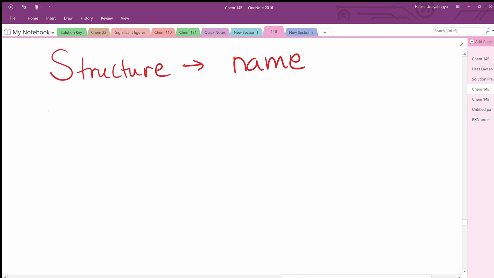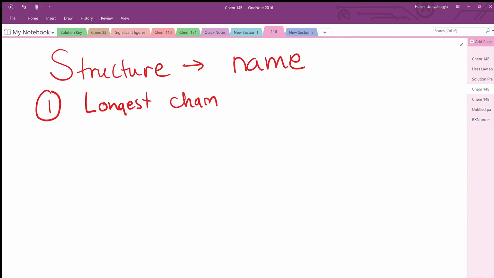The rule is, first, you want to distinguish which one is the longest carbon chain. So essentially, however you draw it before, you want to reverse the process. First, you want to discover the longest carbon chain, and that's going to be your last name. Number 2, you want to find all the side chains.